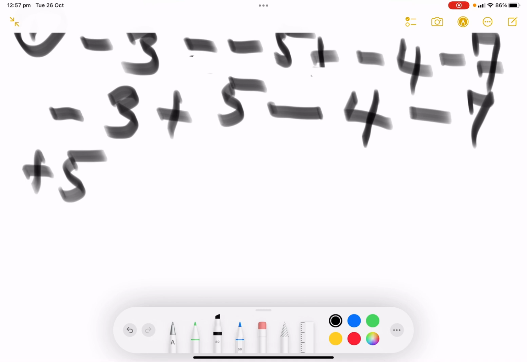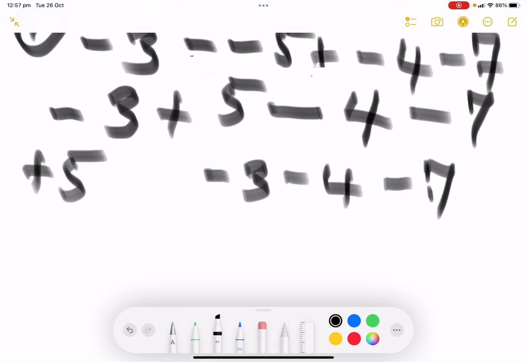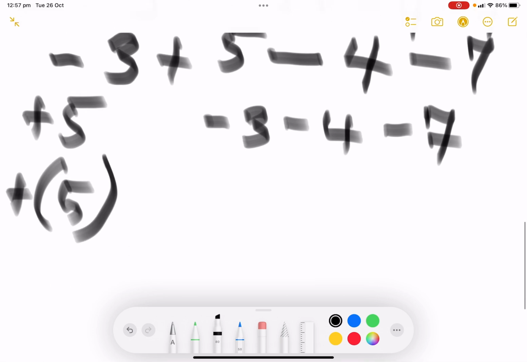Now we group the negatives here. We have minus 3, minus 4, minus 7. So here we have plus 5. Yes, we use the same sign rule. The same sign rule says that we should keep the sign and add everything.